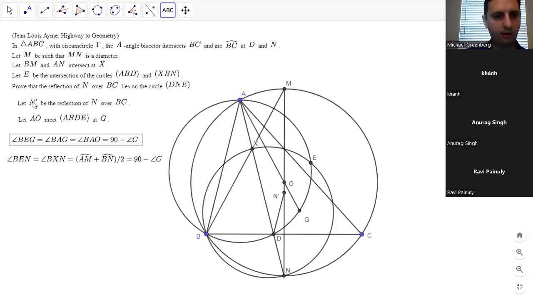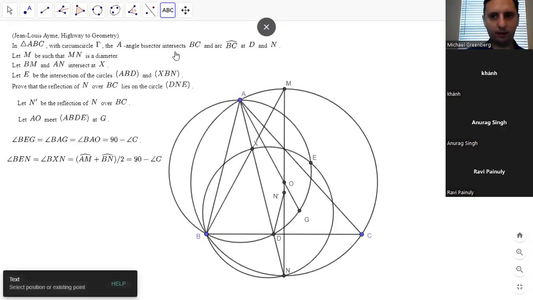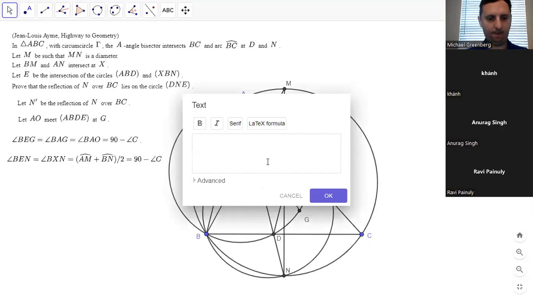So, angle BEG equals angle BEN, so it's cyclic. And that means BEGN is cyclic.